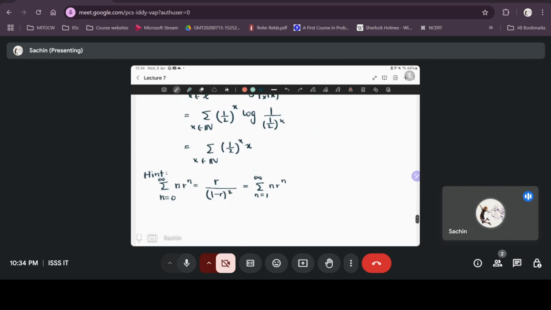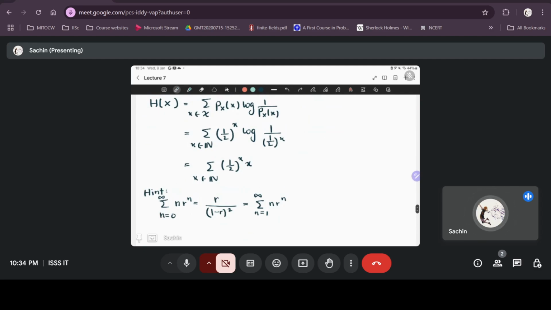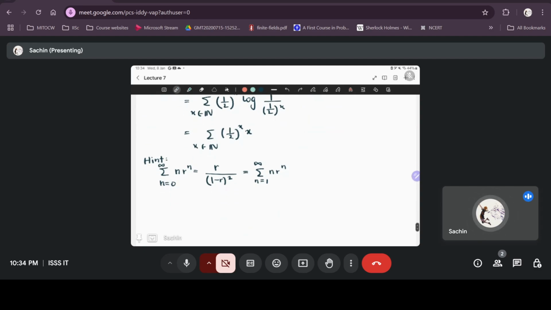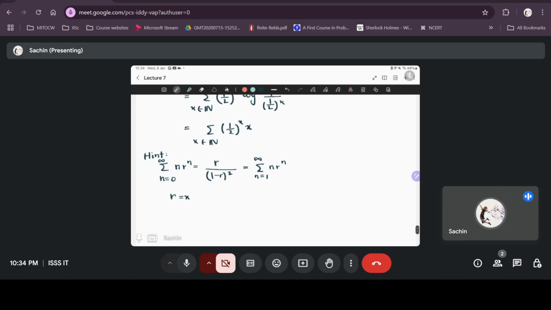Comparing our entropy formula to the given formula, we can see that r is equal to half and n equals x.